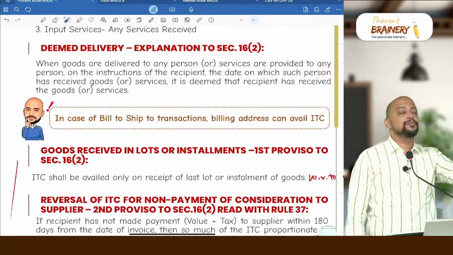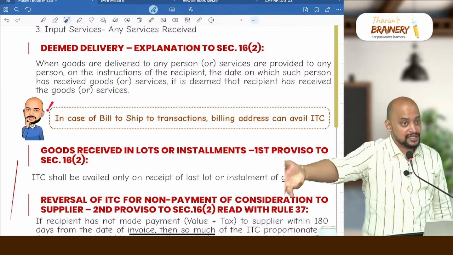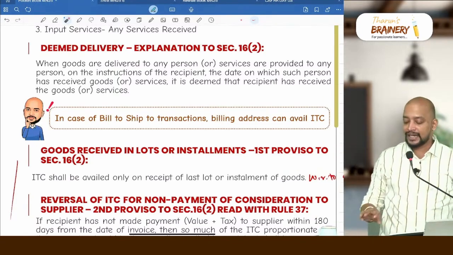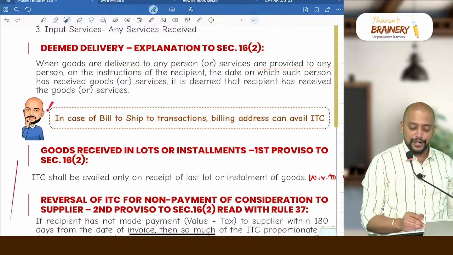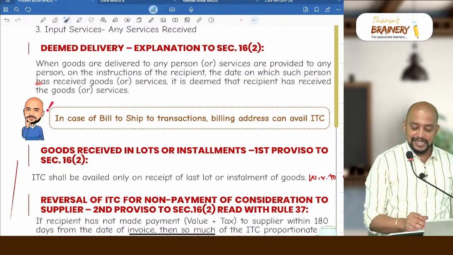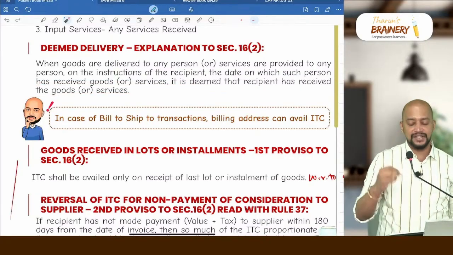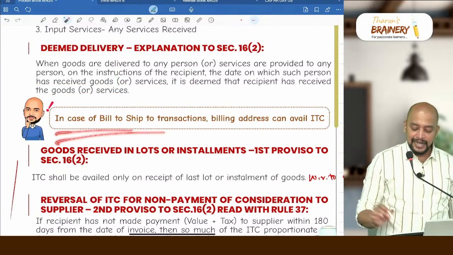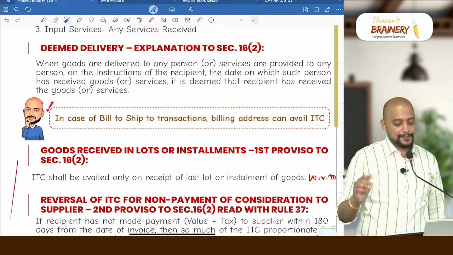But the only thing is, you should be in the articleship, which means it should be in the course or furtherance of business for the CA firm. Then only the CA firm can take ITC. That is, when goods are delivered or services are provided to any person on the instructions of the recipient, the date on which such person has received goods or services, it is deemed that the recipient has received the goods or services and they can take ITC. That is, in case of bill to ship to transactions, the billing address can take ITC.